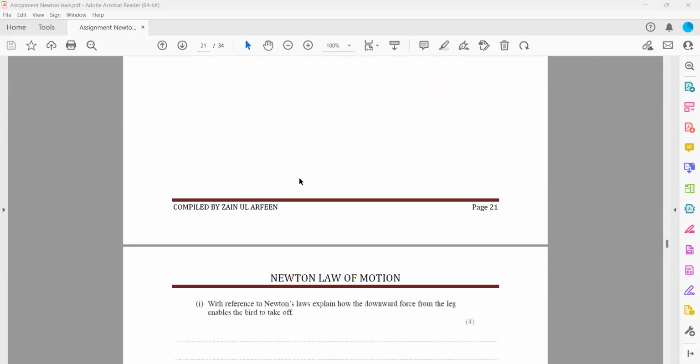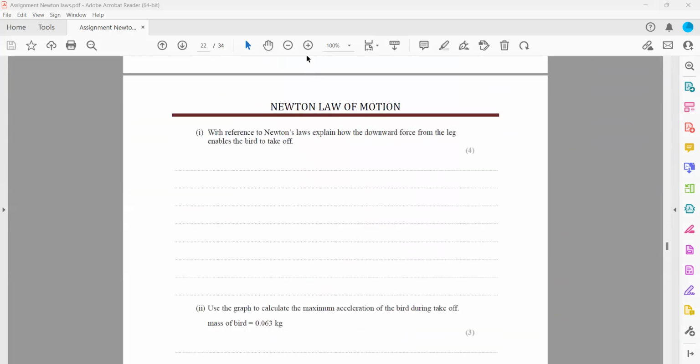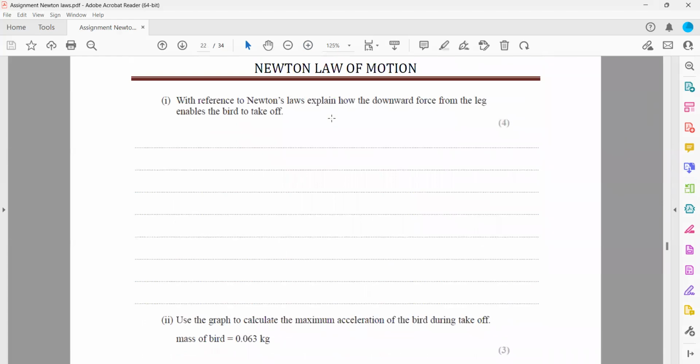So the question is, with reference to Newton's law, explain how the downward force from the leg enables the bird to take off. So how does this downward force allow this bird to get a lift or take off? So first thing, the idea is that when the bird is pushing the ground downward, there will be an upward force in the opposite direction.